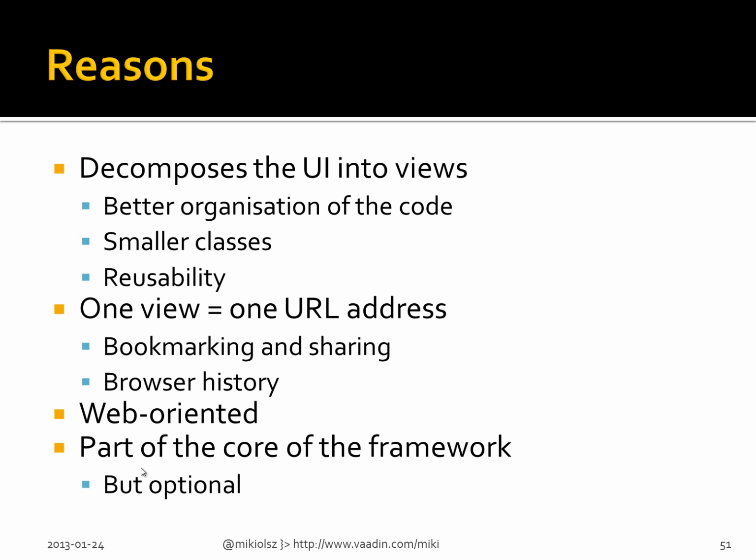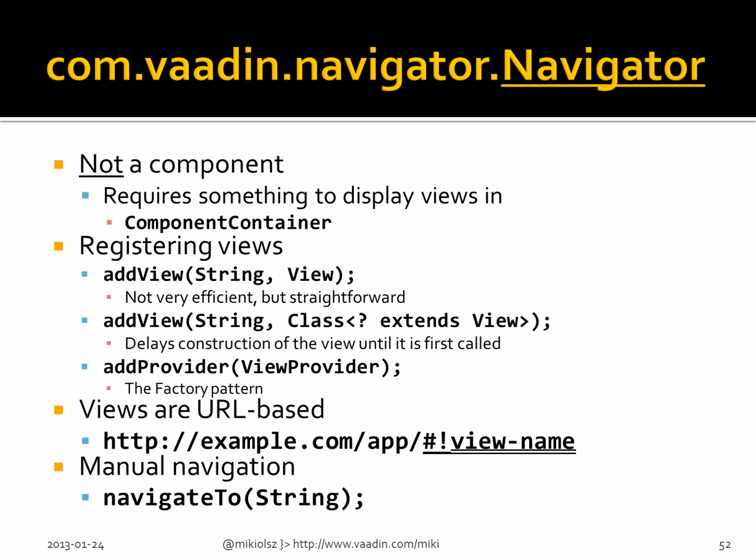Navigator is part of the core of Vaadin, but using it is entirely optional. What we have is a class that is dedicated to handling the navigation in URLs. It is not a component in itself, so it requires a component that will handle displaying views. So we can either add a view directly, meaning that we have to construct a view first.